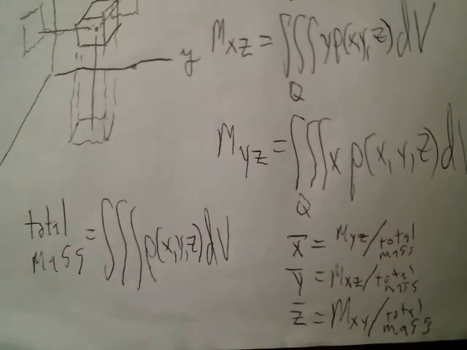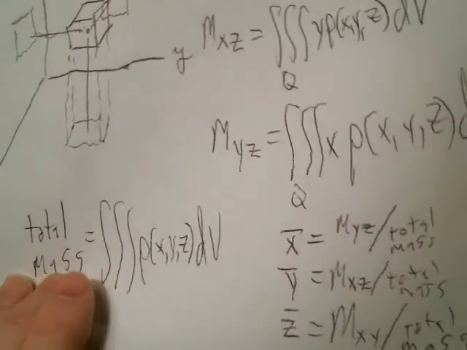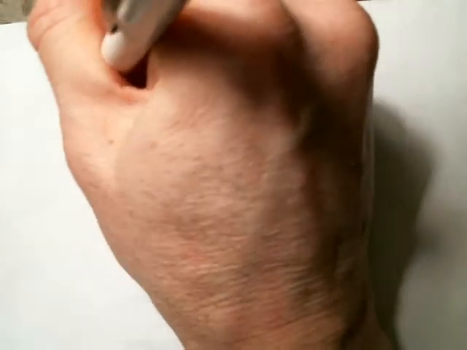It's no big deal. The moments of inertia, the second moment then, is kind of a little bit different than what we did for 2 dimensions. So this is part B, the moment of inertia.